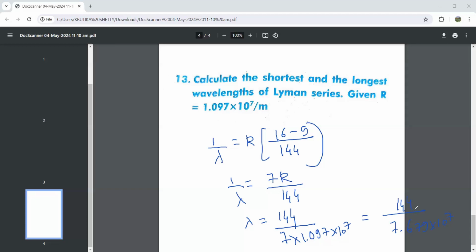Now if I divide 144 by 7.679, it is 18752 angstrom. This is for the Passion series. 18752 angstrom. Yes, copy down for the Passion series here, students.